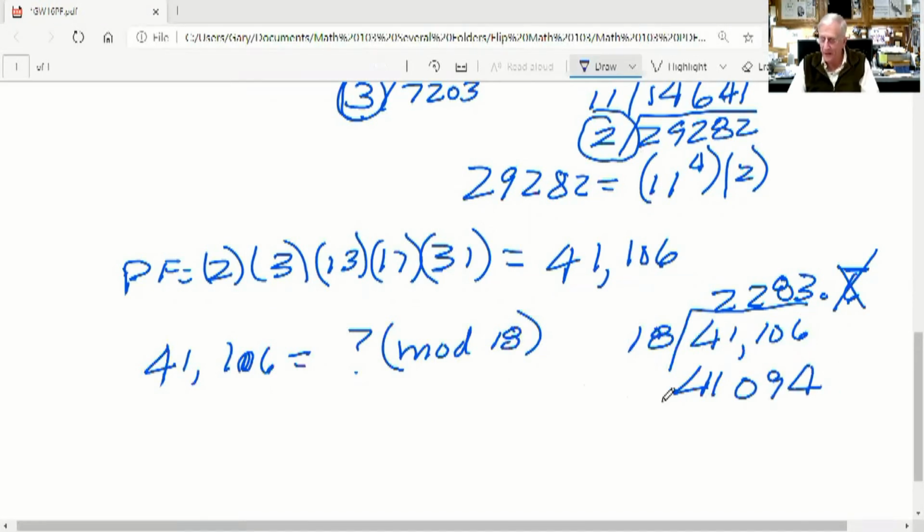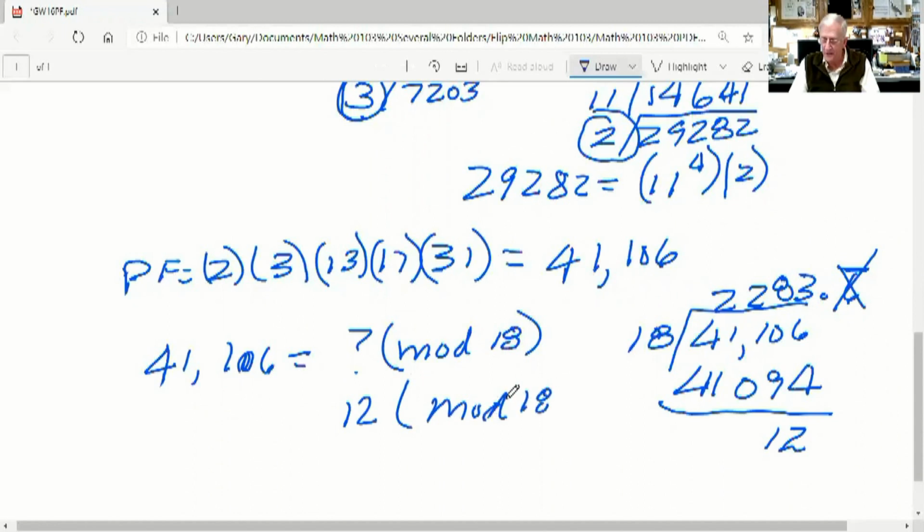41,094. So when I subtract these two numbers, the difference I get is what? It is 12, right? So 41,106 is exactly identical to 12 mod, that should be a D there, mod 18. Now that was a little bit crazy, wasn't it?